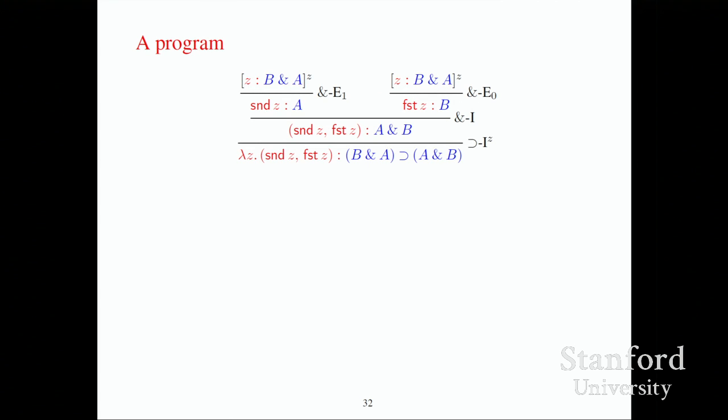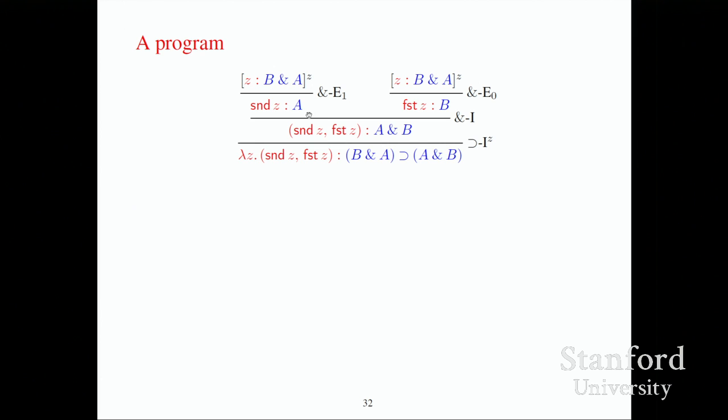So let's try to write a simple program and see how type checking works. So here's lambda z. (second of z, first of z). And this says, well, if z is a BA pair, then the result is an AB pair. So it's just the function that, given a pair, swaps its two elements. And how do we know this is typed? We'll assume that z is a variable that's a BA pair.